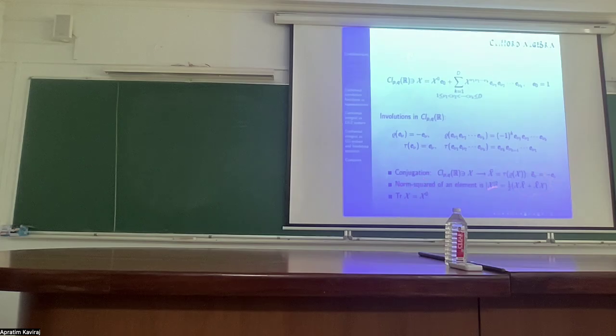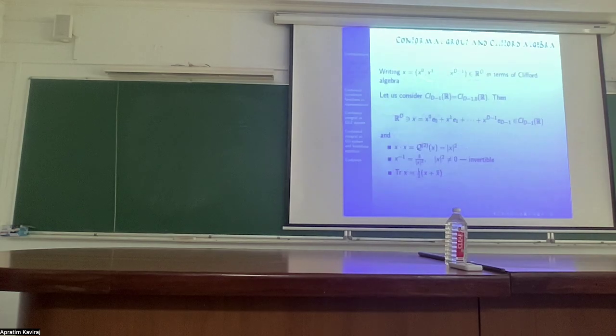The norm squared of an element chi is given by half of chi bar chi plus chi chi bar. It's non-commutative, so I have to write both. And one defines the trace of chi as chi_0. Others will be traces that we check. So in the quaternionic case there will be four such you can use: one is the identity, the other three are the three Pauli matrices.